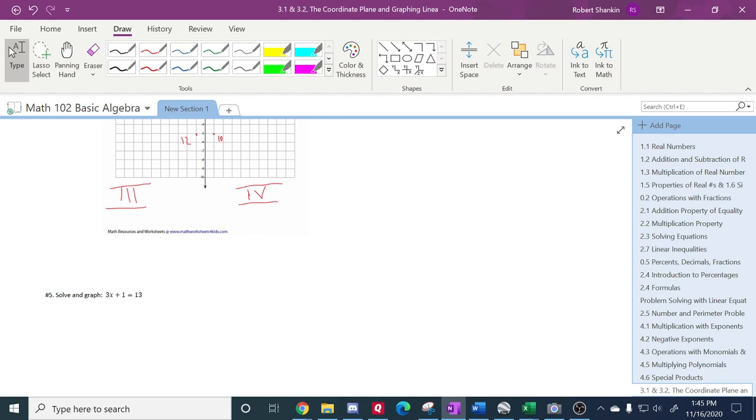And go ahead, hit enter, and talk about especially what it means for this graph. What in the world, how would you graph this? Solve and graph.